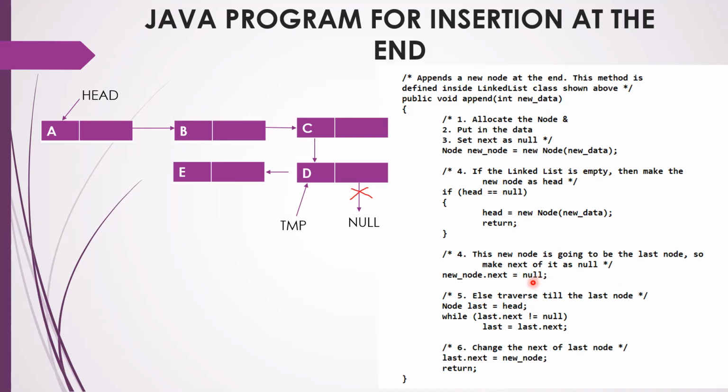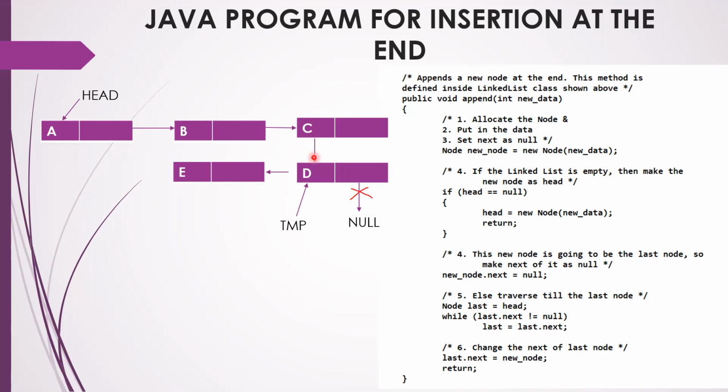Then you have to traverse till the last node. You have to make the head the last, and then check whether last.next is not equal to null. If it is not equal to null, then last.next will be the last.